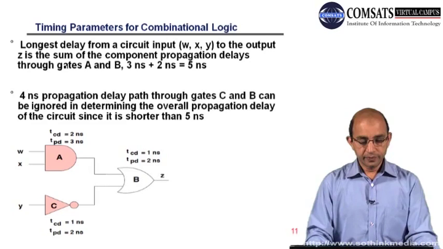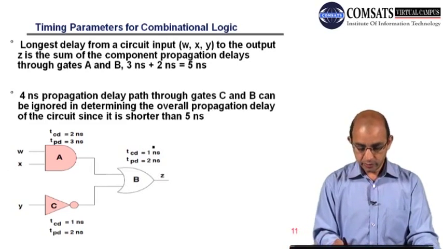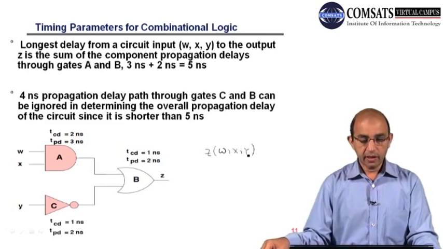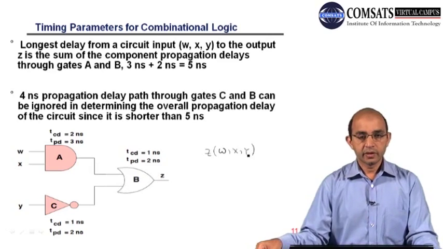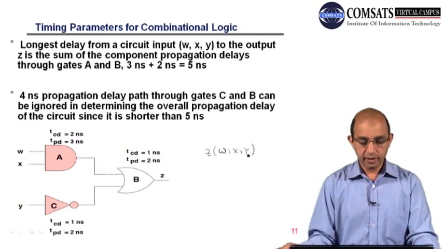We have W, X, Y. If I write the output, Z is a function of W, X and Y. Now I have to calculate the propagation delay and the contamination delay.